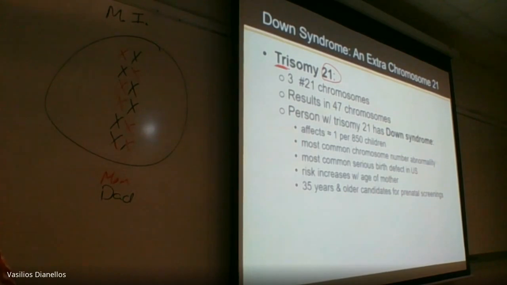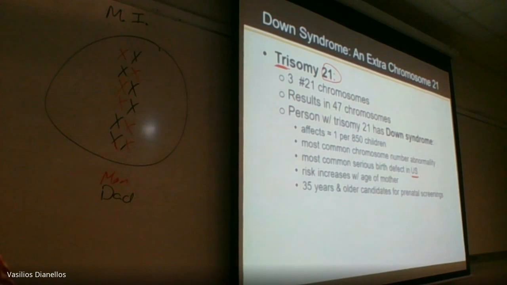I don't know. It is the most common chromosome number abnormality, which is why we're talking about it, because there's a bunch of other ones you can look up for independent work, but this is the most common. And it is also the most common serious birth defect in the U.S., which leads me to wonder, what about other countries? What are the leading birth defects in other countries?